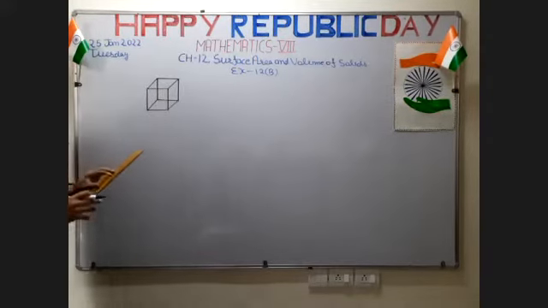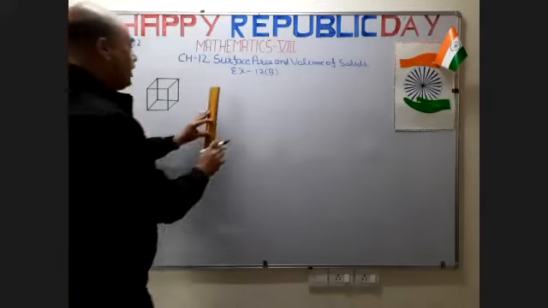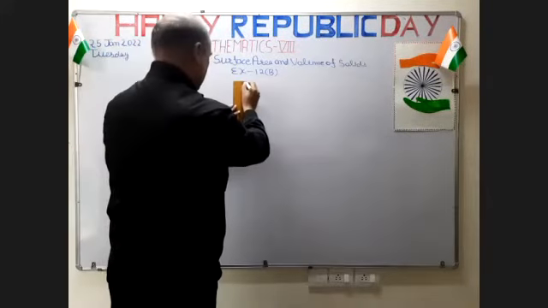Now this one cube is there. With the help of this cube, I want to make one cuboid. So now made one cuboid.